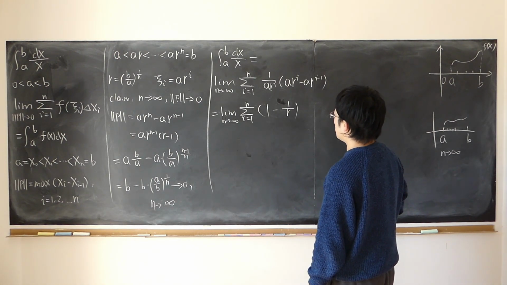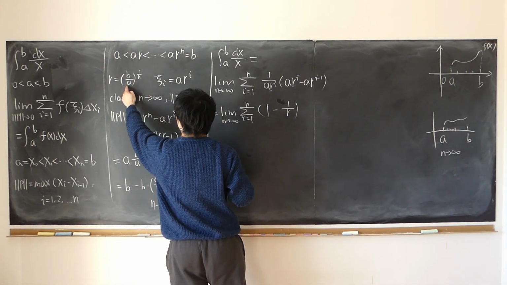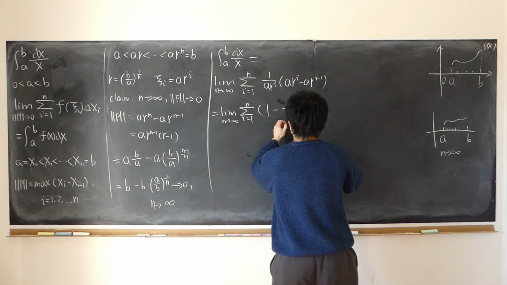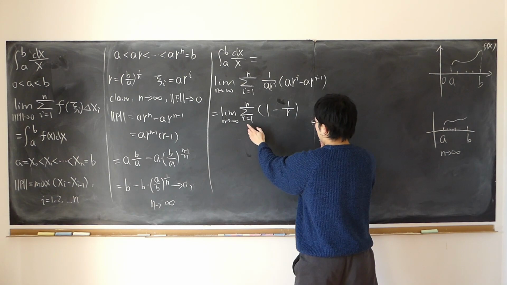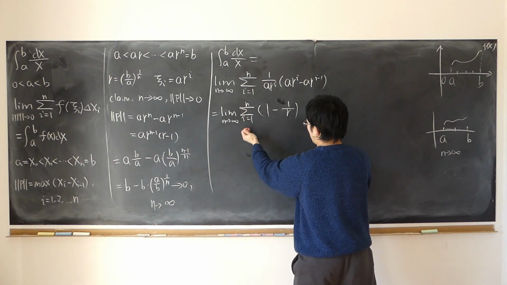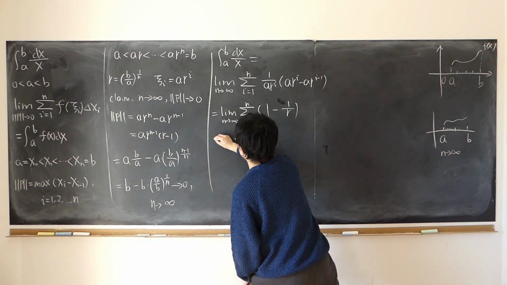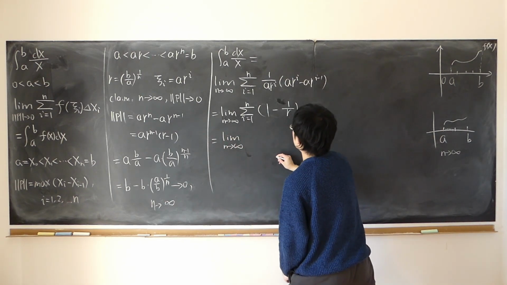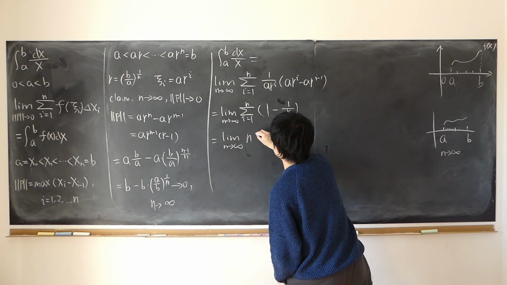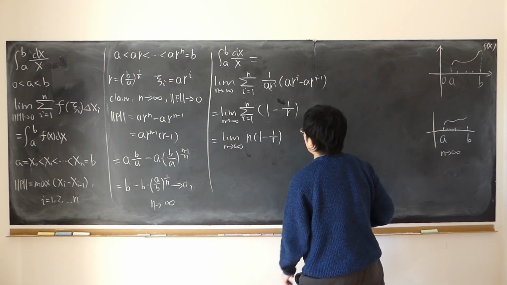So in this case, r is fixed, right? n is fixed, b over a is fixed. So inside my sum, there's no more i, right? Every term is equal to this term. How many terms do I have to add up? n many terms, right? So all I have to do is to work out that is equal to n times 1 minus 1 over r.